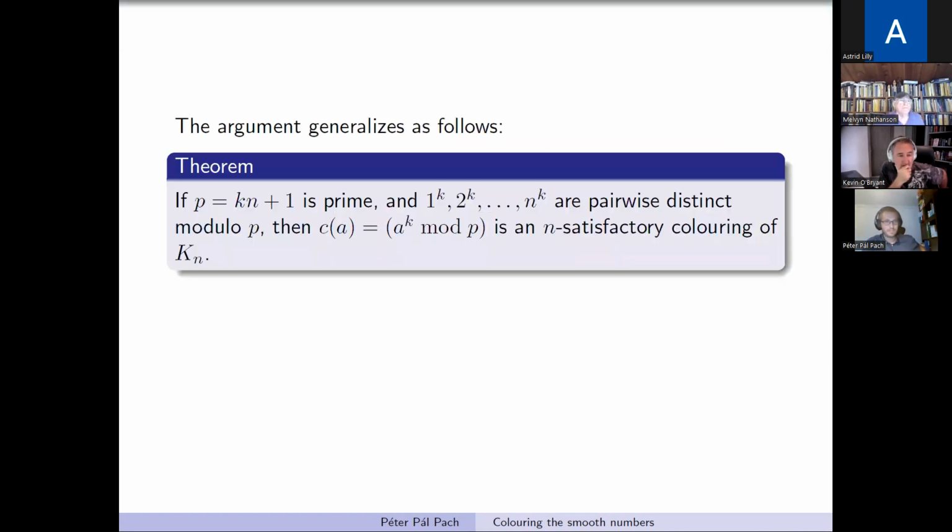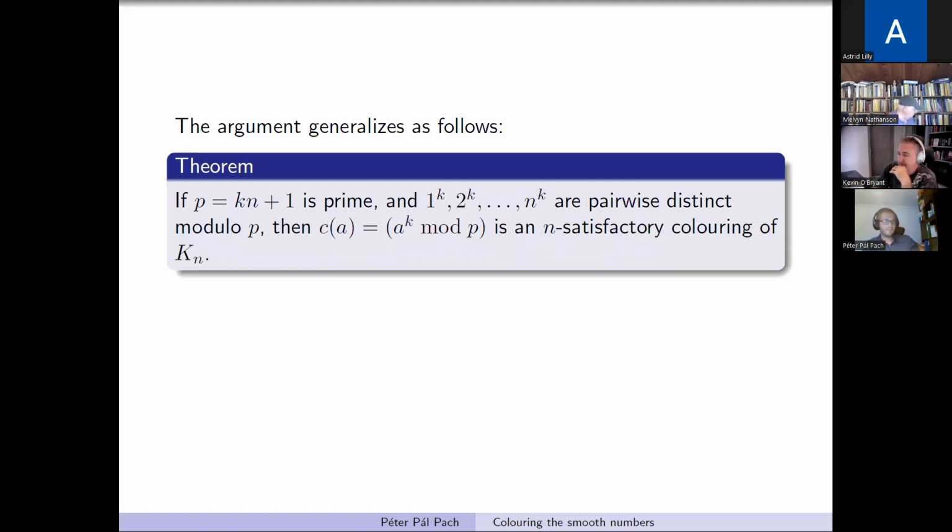And at this point, it is natural to generalize the idea further. If p is a prime of the form kn+1, and the first n k-th powers have distinct residues mod p, then the coloring which assigns the residue of a^k mod p to the n-smooth number a is unsatisfactory.